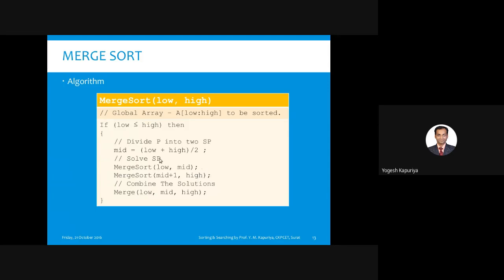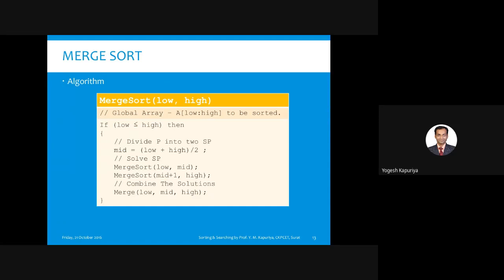Now, if you keep on doing this, and this is the recursion, right, it will keep on calling itself till it reaches a point where no further division is possible. So how to stop it? You can do that by using this. What we are doing in this if condition, if low is less than or equal to high, that means you will keep on dividing till your low becomes high.